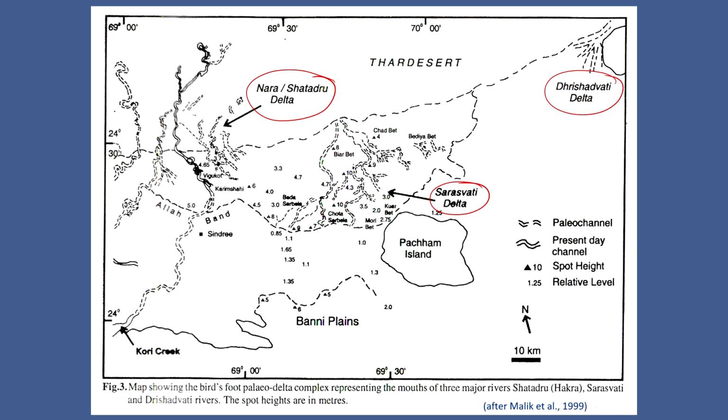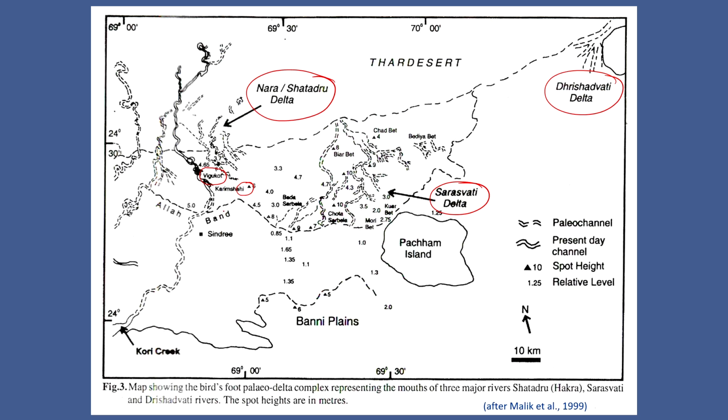And the disrupted channel I was showing was this one, which we call the Nara or Shatadru delta channel, and till the end there was a site which is still very much visible on the ground. The ruins are visible on the ground along with the Karim Shahi area.